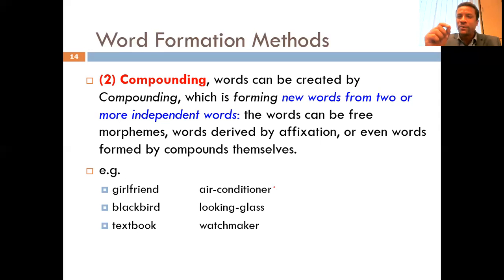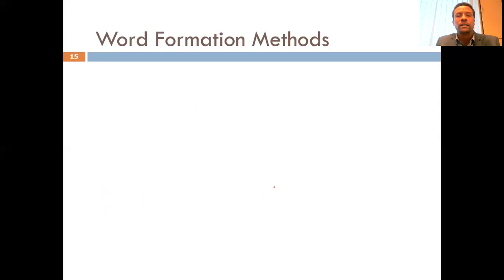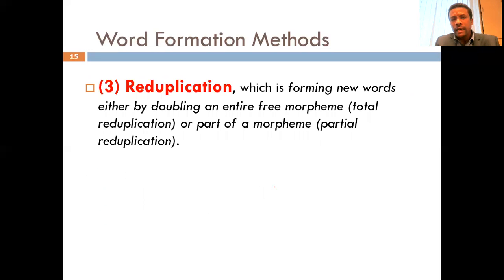Again, whenever we discuss this one, make sure to do some kind of analysis on your own language, how words are formed. The last type of word formation that we have, we call it reduplication. Sometimes by duplicating the whole morpheme, the entire free morpheme, or by duplicating part of the morpheme, you can create another version of the word.